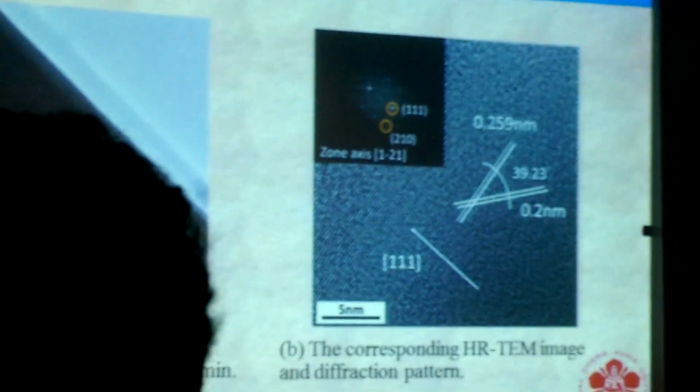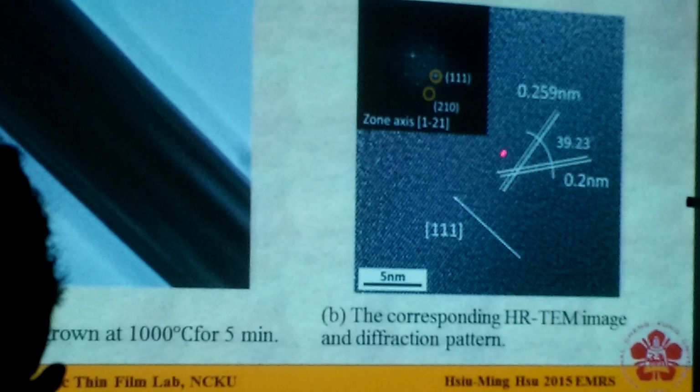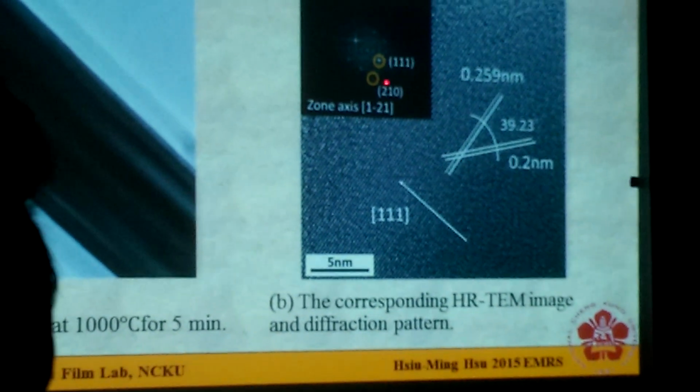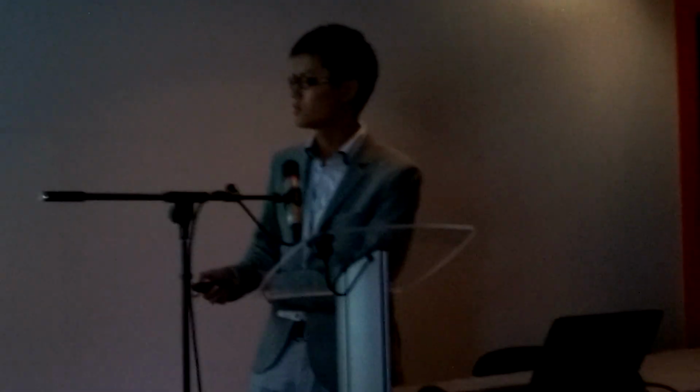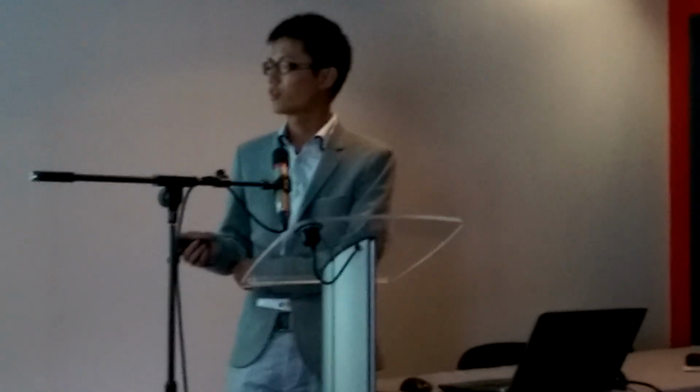Here's our TEM analysis. Figure 5A and B are the TEM image, HRTEM image, and corresponding diffraction patterns of iron monosilicide nanowires grown at 1,000 degrees Celsius for 5 minutes, which share the same experimental condition as our previous figure 2E.